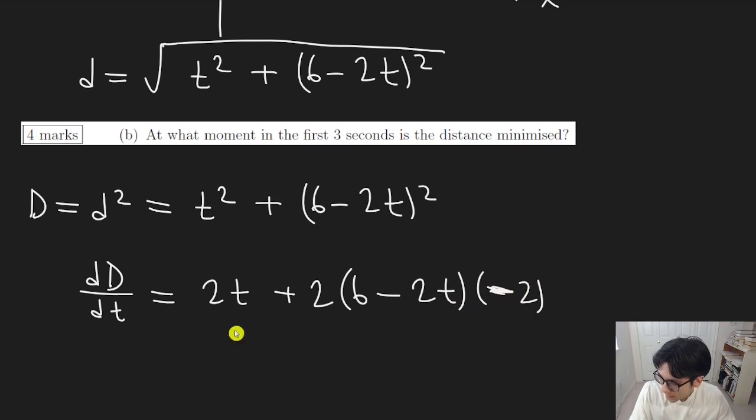So if we want to figure out when this is 0, and if you simplify the left-hand side, you can see we're going to get 2 times -2, that's -4, times 6 is -24, -4 times -2t is plus 8t.